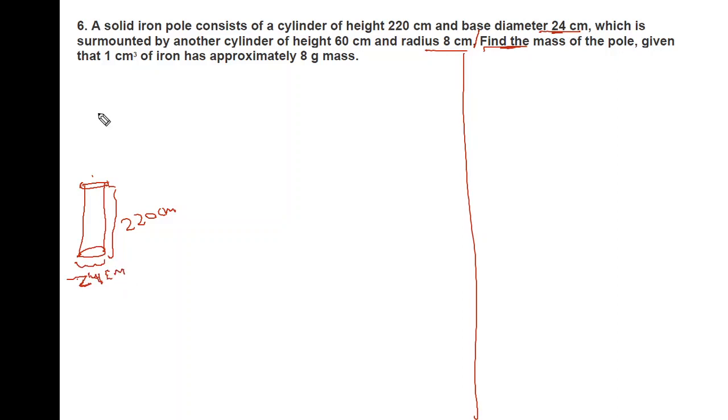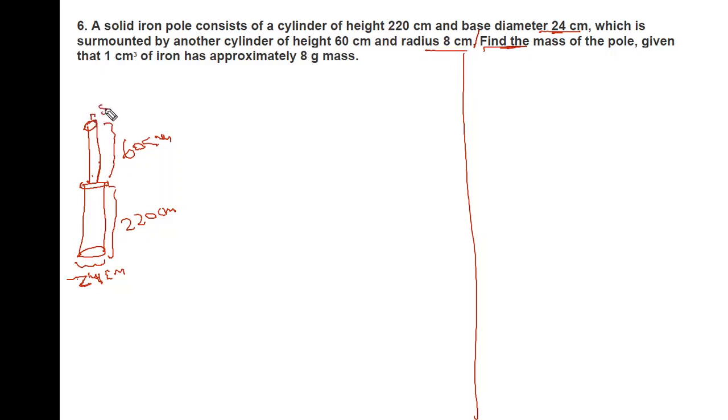Now again another cylindrical pole is surmounted here, like this. Here it has height 60 cm, so this height is 60 cm, and the radius, this half length, is 8 cm.